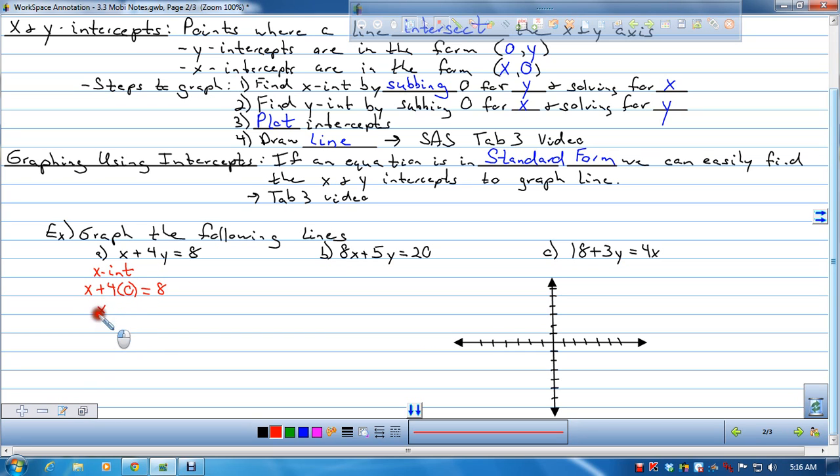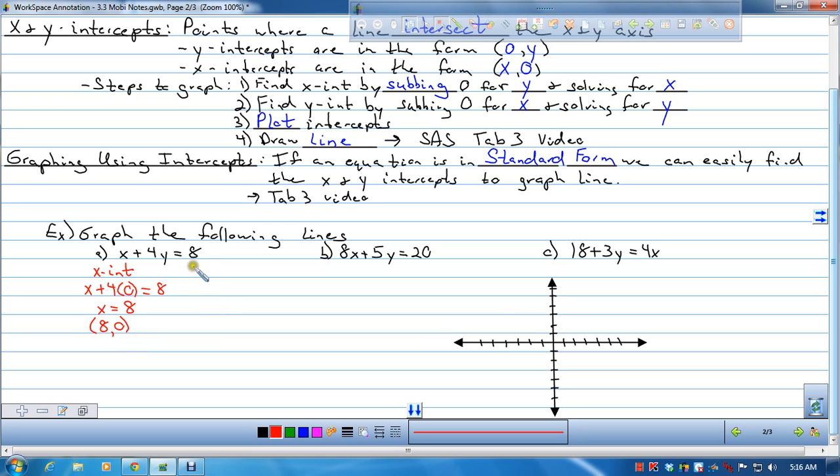So simply x is going to equal 8. So I've got x equals 8 right there, and a point at 8, 0.